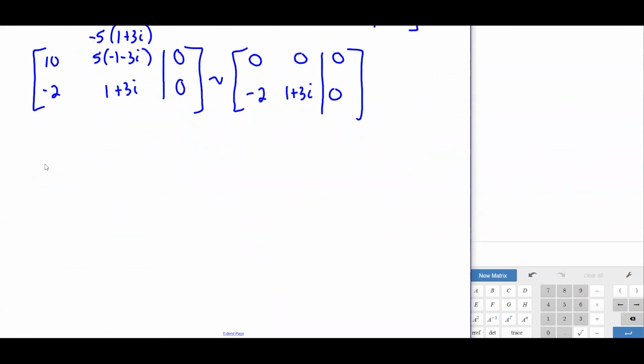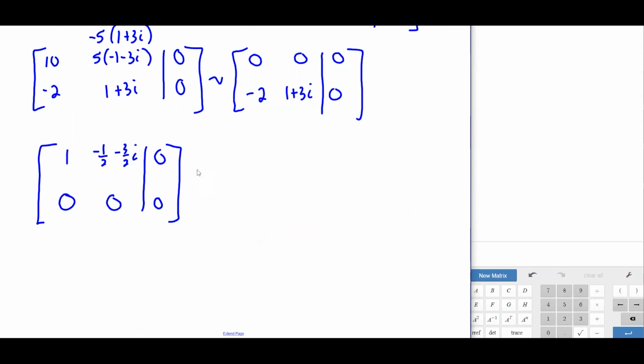And I just need to move the second row to the first row and divide it by negative 2. Right, so it looks almost exactly the same, and it is almost exactly the same, but there is a difference here, and so we'll look at that.